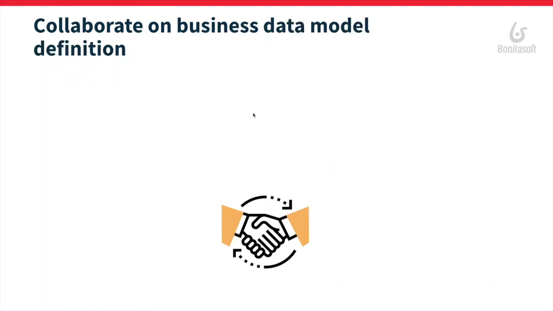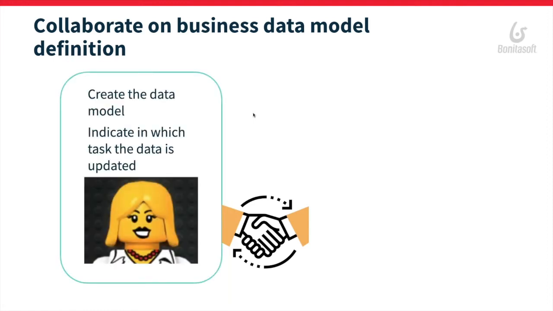If we talk about the business data model definition, that's a very important step because it's the base of the data structure, and a process by definition will transfer and exchange data. So Cindy's role is really important at this stage. She can create the structure of the data model.